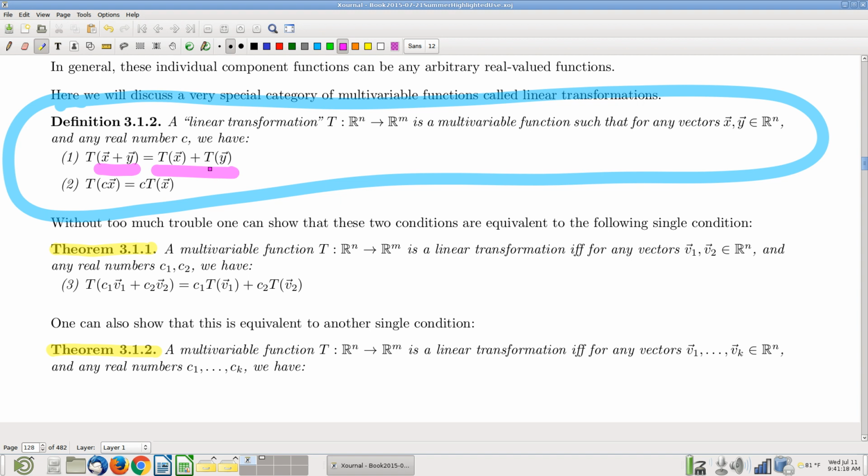Which is cute, right? I mean, not all functions do this. Quadratics don't do this. Right? So, kind of amusing if a function might do that, you might say. And also, if you multiply an input by a scalar, you're effectively multiplying the output by a scalar.